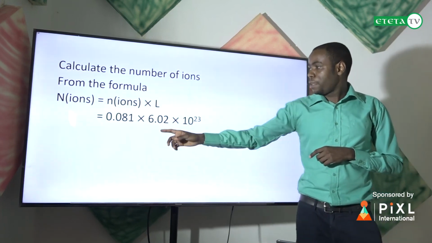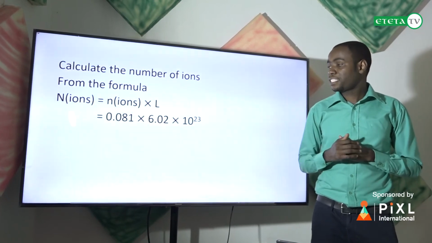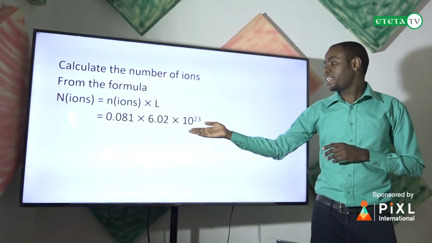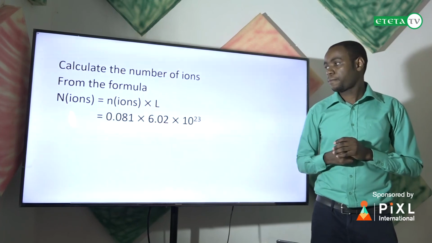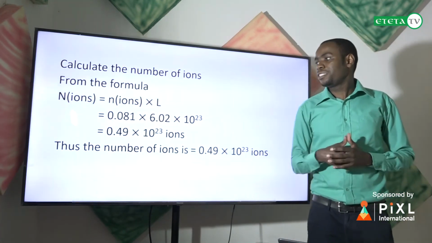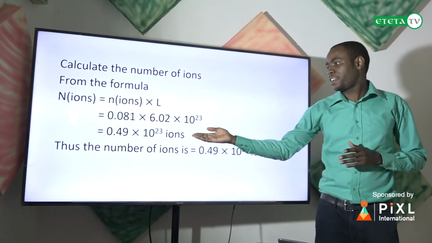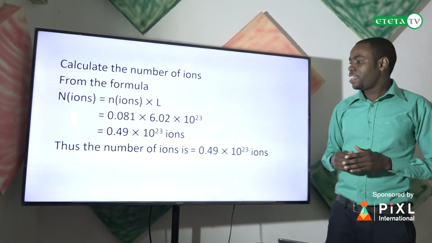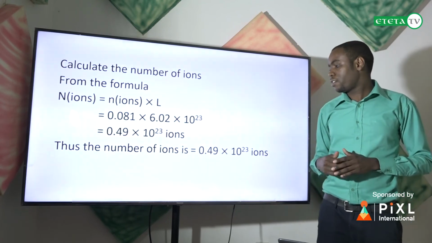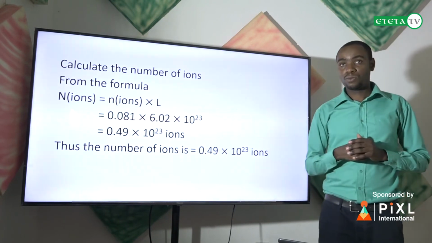So it will be equal to 0.081 multiplied by 6.02 multiplied by 10 raised to 23. So the answer here is equal to 0.49 times 10 raised to 23 ions. Thus, the number of ions is equal to 0.49 times 10 raised to 23.